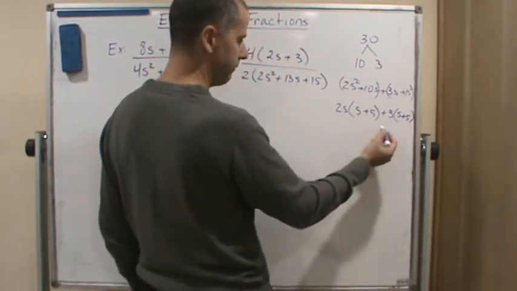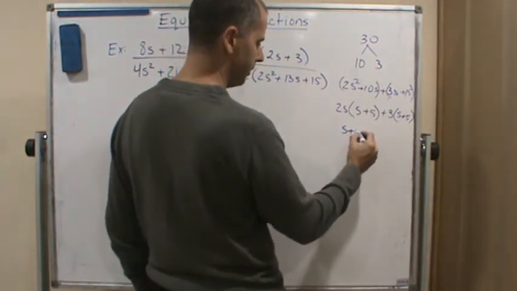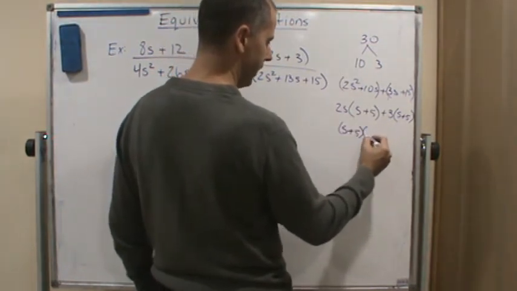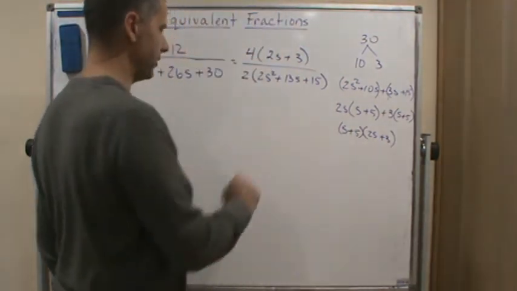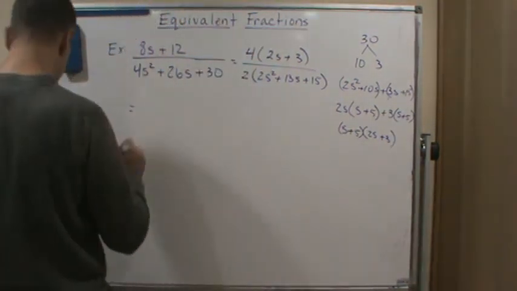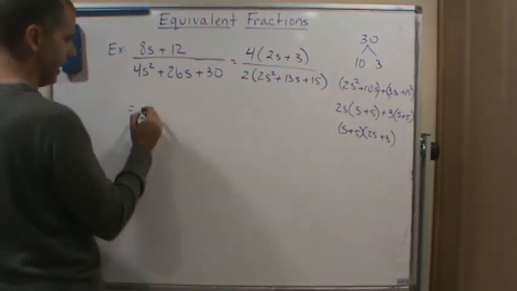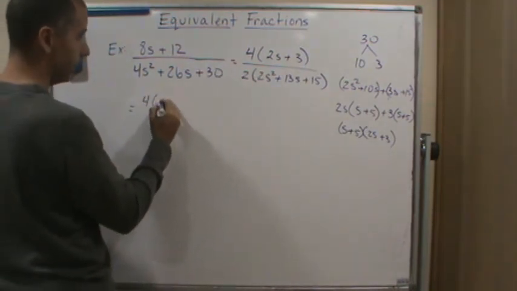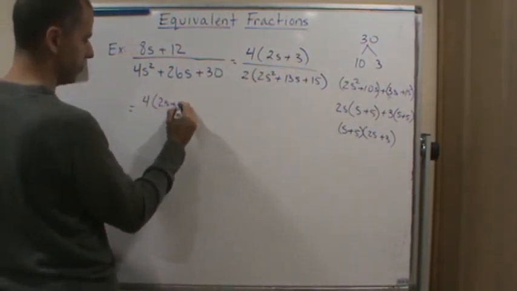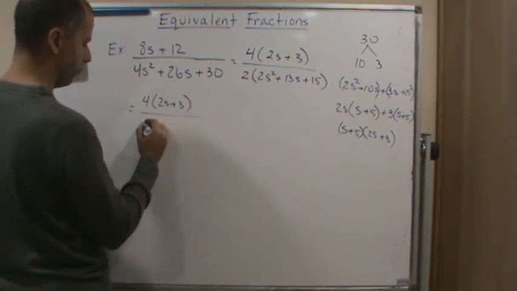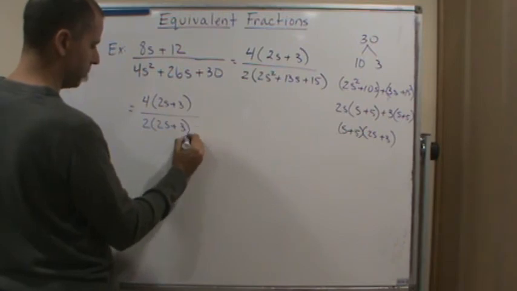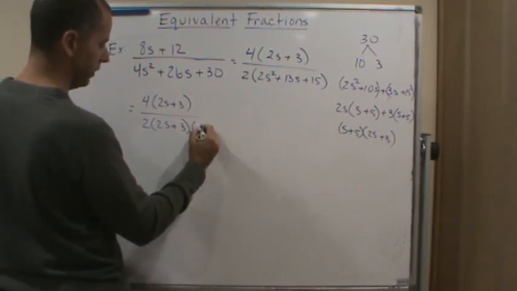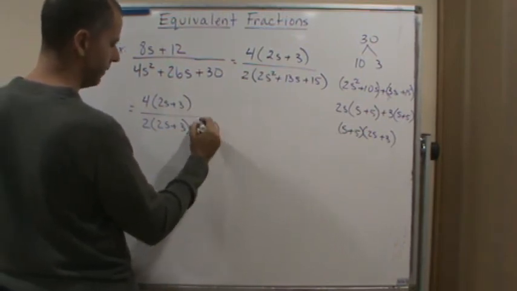Now I factor out the s plus 5, and I get my 2s plus 3, and there's my 2 factors. So now I'm going to rewrite my fraction as 4 times (2s plus 3) over 2 times (2s plus 3) times (s plus 5).